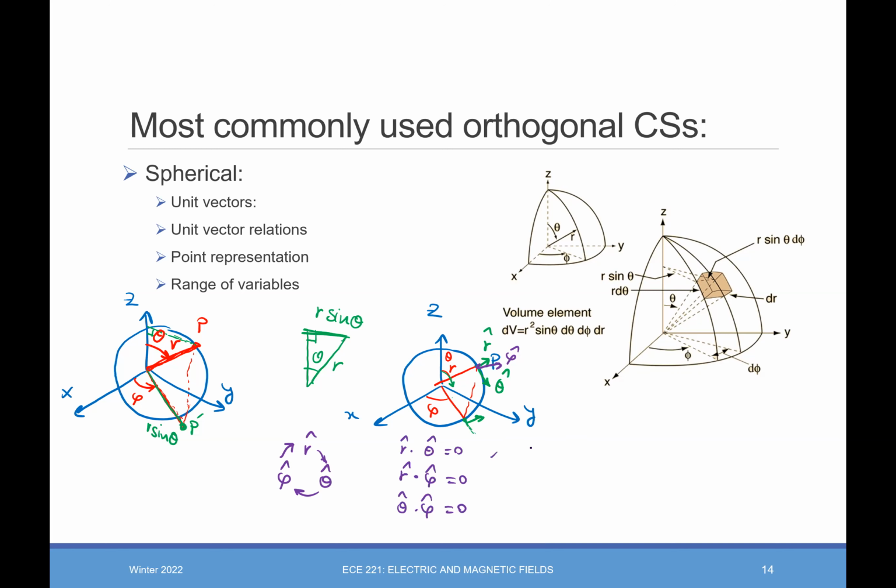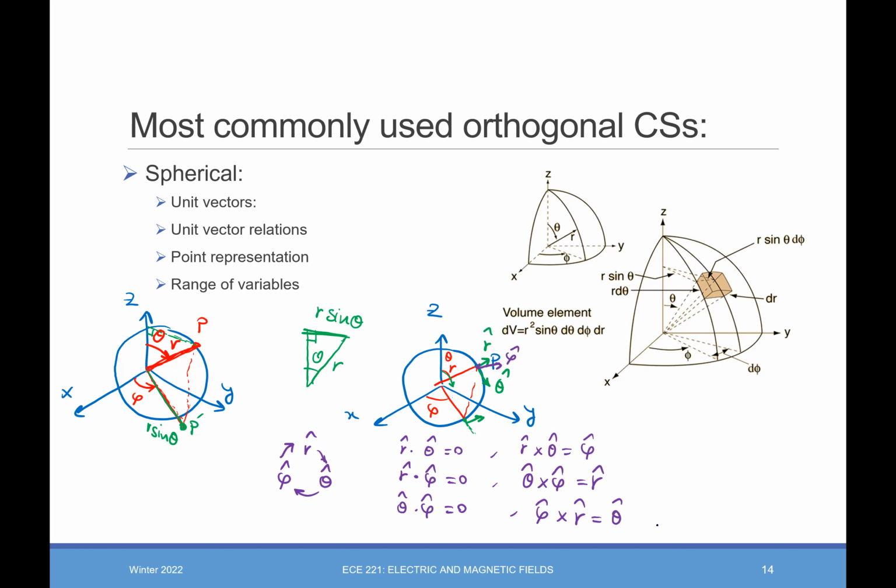And theta hat cross phi hat is r hat, and then phi hat cross r hat is theta hat, right? Okay, somebody is asking, how do we get the direction of phi hat?